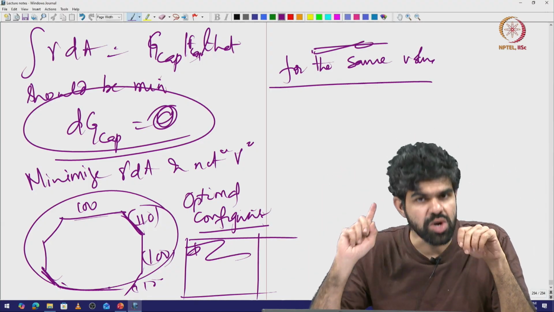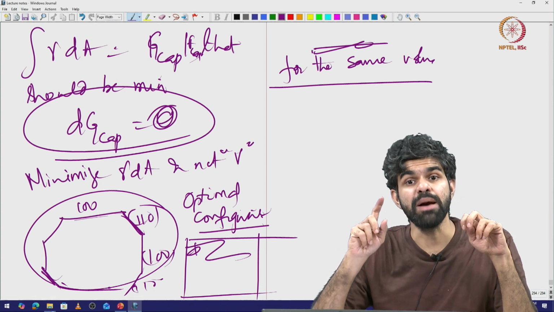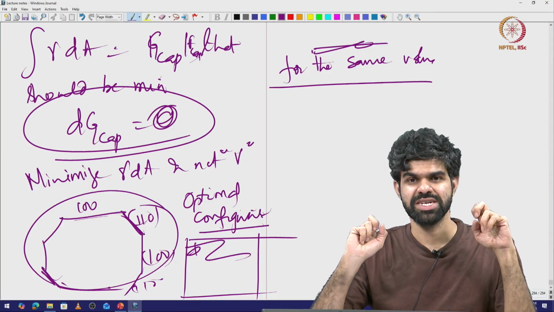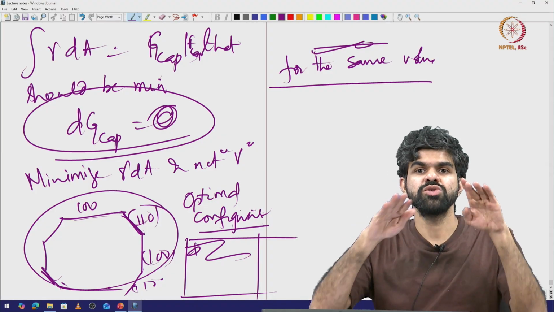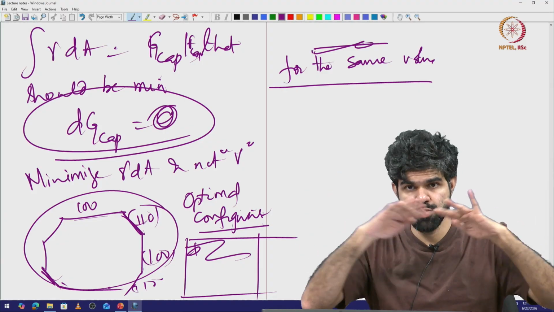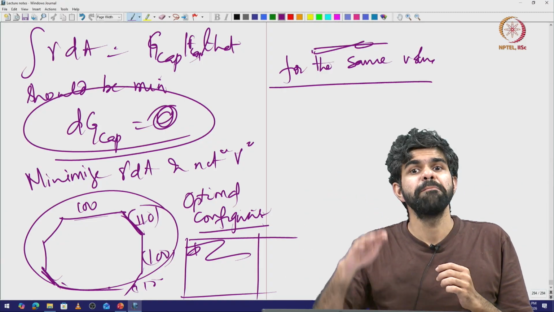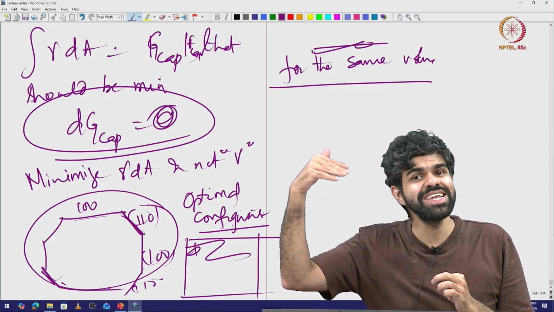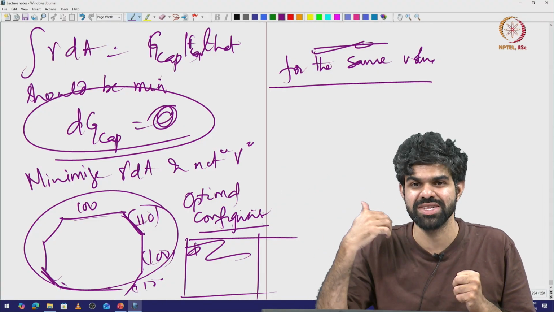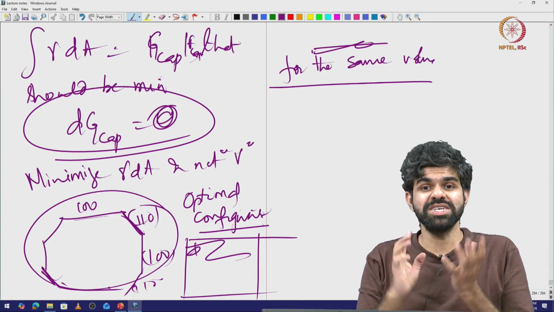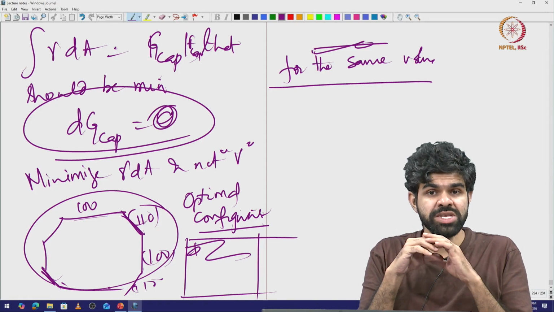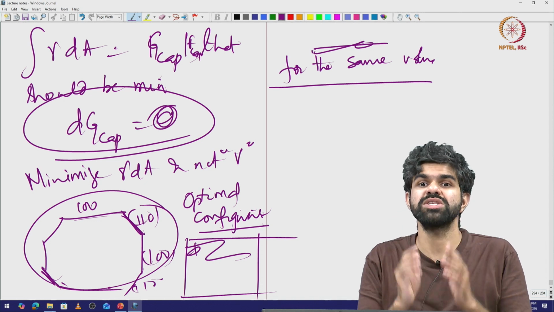Lowest surface energy is not the criterion, the lowest capillary energy is the criterion, or dG equal to 0 is the criterion, and because of that, I can have facets with lowest surface energies. They of course mostly populate my crystal, but I can also have facets with slightly higher surface energies, such as the 110 planes or the 111 planes in a cubic crystal. Okay. So the equilibrium shape will have facets which are not just facets that have lowest surface energy.